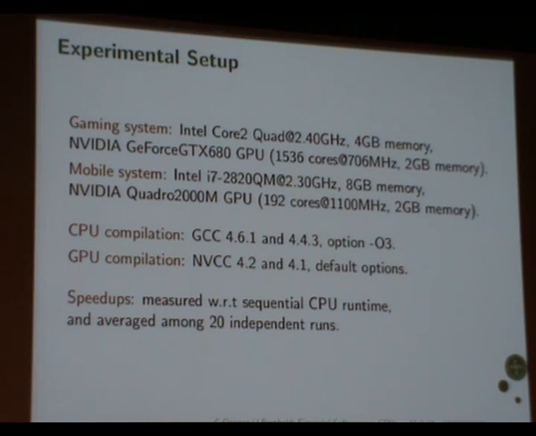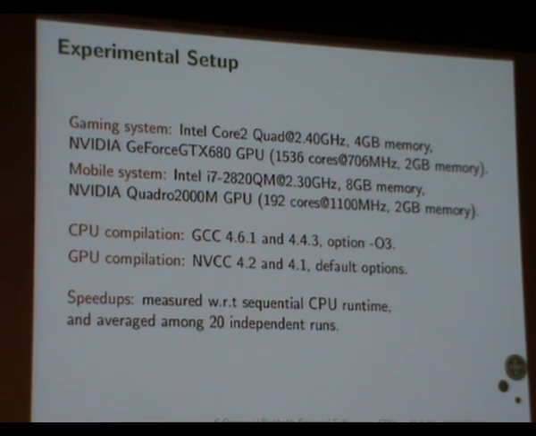So it doesn't mean that these numbers will translate if you are running them on different systems. And this is actually this laptop here, the mobile system, with a Quadro 2010 GPU.